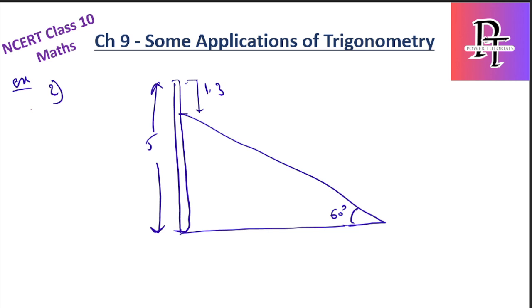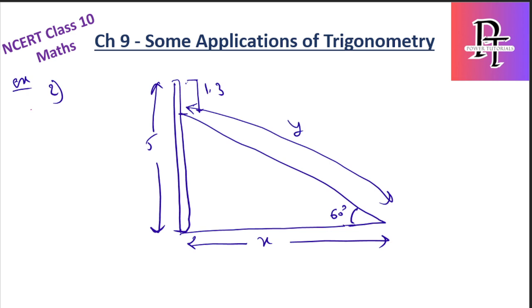It would enable her to reach the required position. Also, how far from the foot of the pole should she place the foot of the ladder? They're asking this distance, and they're also asking what should be the length of the ladder.